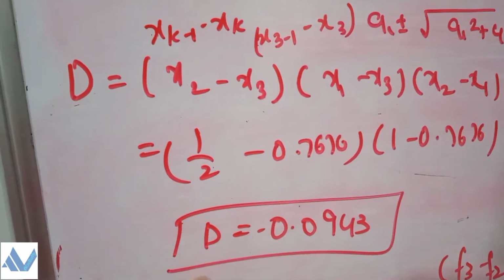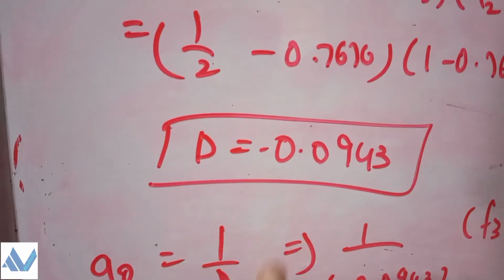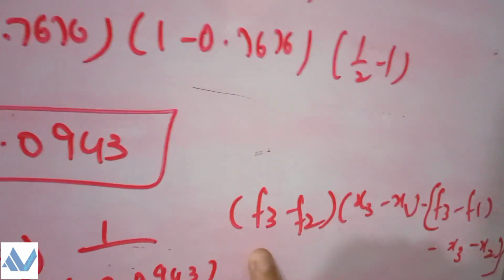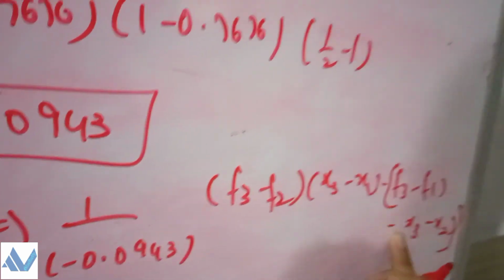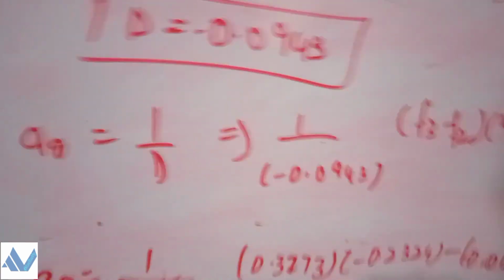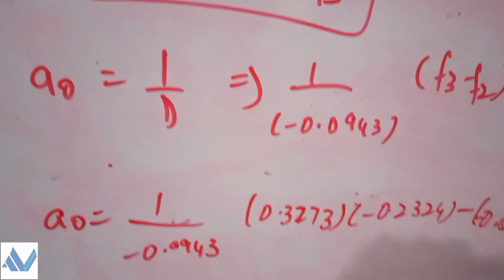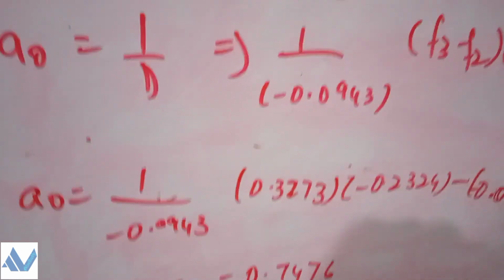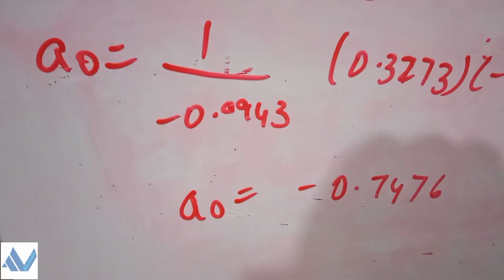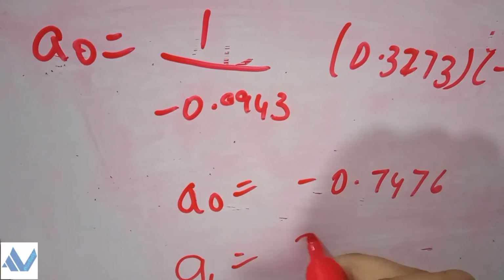After the d value we have to find the a0 value. a0 is 1 by d times f_k minus f_{k-1}, so f3 minus f2 over x3 minus x1, minus f3 minus f1 over x3 minus x2. Now we substitute the values and we get the a0 value. Now we have to find the a1 value.